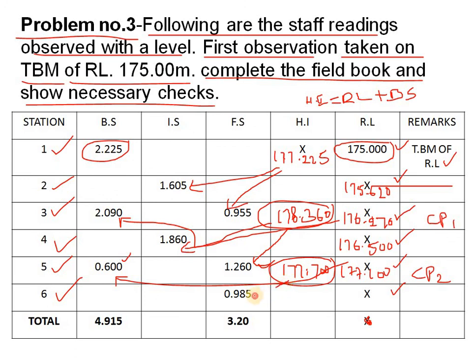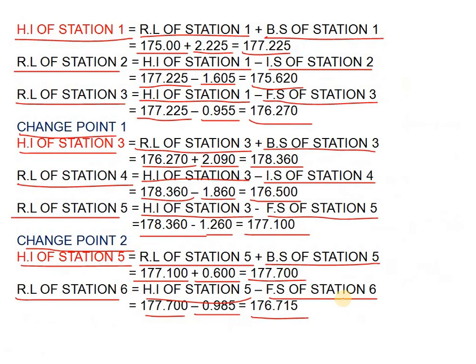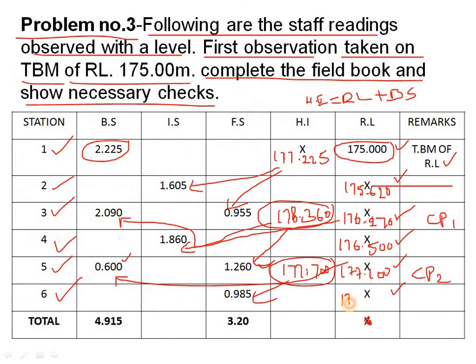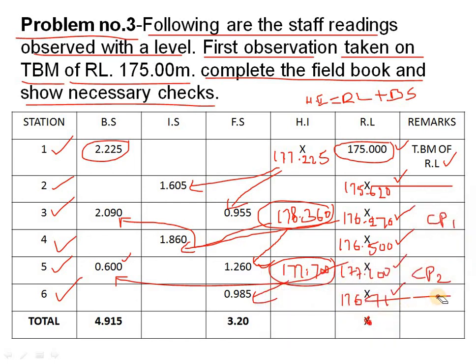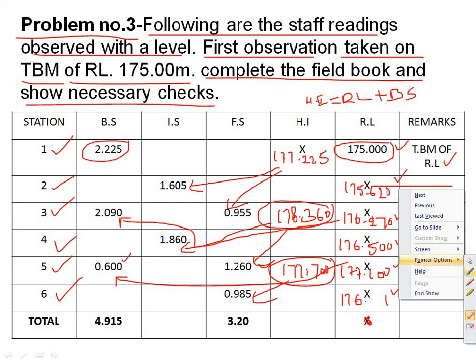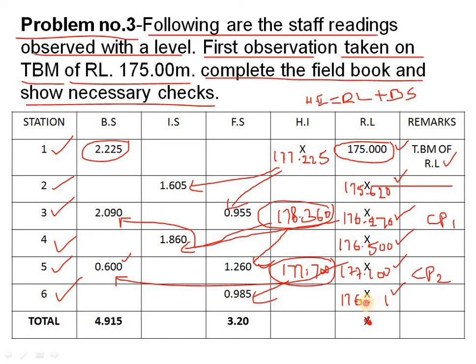So from 177.700 we have to subtract 0.985, and we get the answer as 176.715. So this is the RL of the last station point.